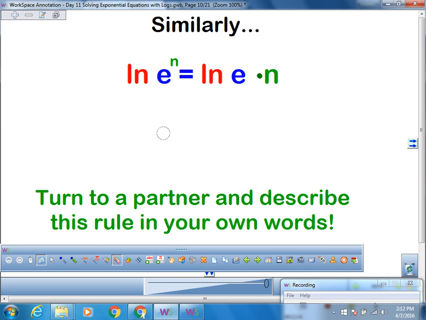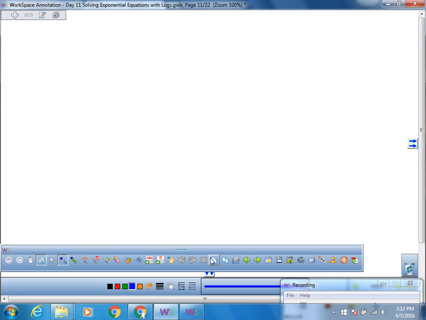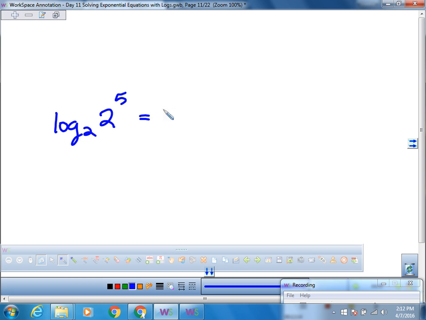Let's do some more examples. Here we go. If I had log 2 to the 5th, what does that equal? 5. This is why: isn't a logarithm of an exponent, doesn't that mean I could pull this out and put it up front?